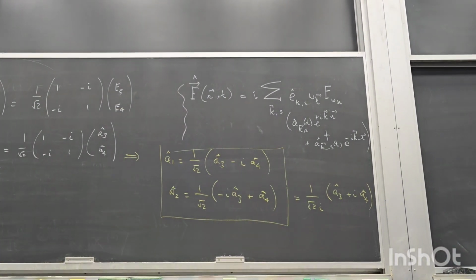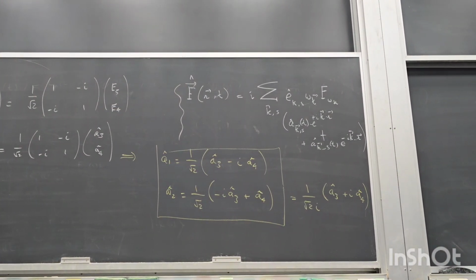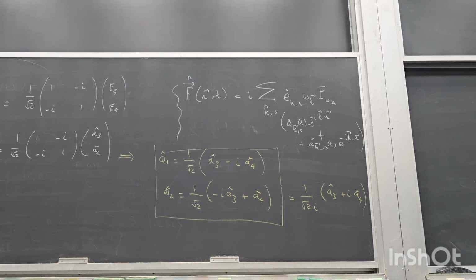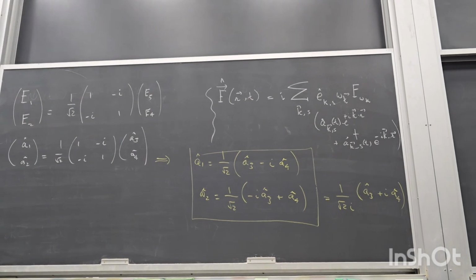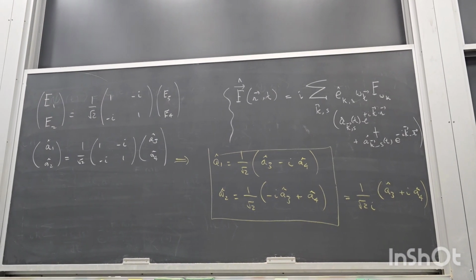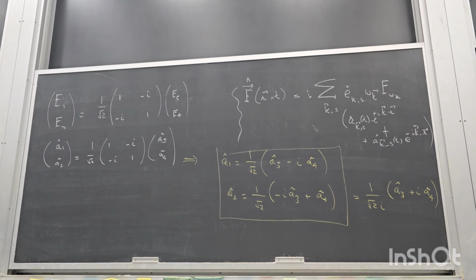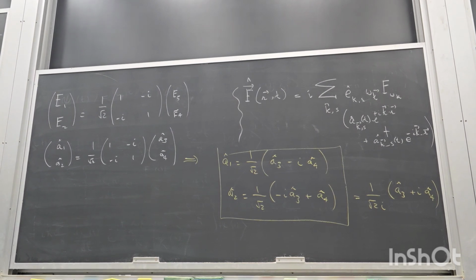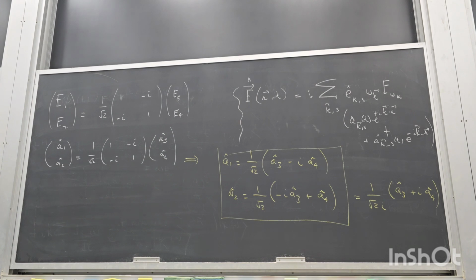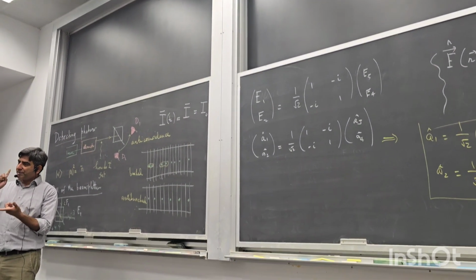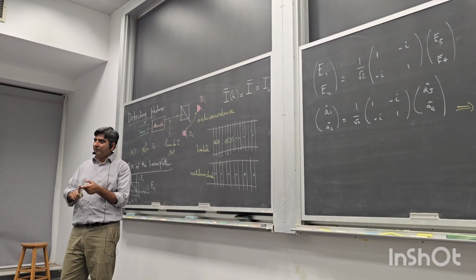Okay? Now what we could do is, let's look at the beamsplitter. Let's look at what the beamsplitter does. And let's do different kinds of experiments. First of all, let's look at an experiment which is simply equivalent to this experiment. Remember that in a real experiment in the laboratory, we never measure electric fields. We measure intensities. So if you have a photodetector or a photodiode, we are measuring intensities.